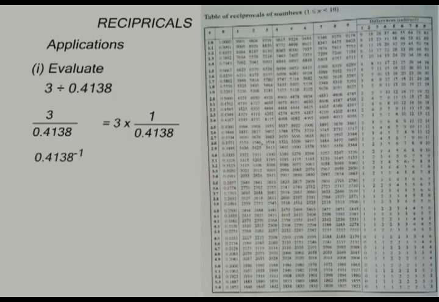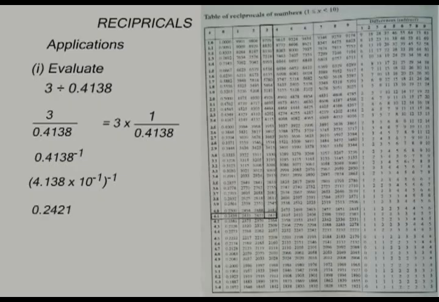The reciprocal of 0.4138 in standard form, that is 4.138 times 10 raised to power of negative 1. 4.1 is here. The column of 3 will meet us here, and the number is 0.2421. The differences column of 8 meets us here, and the number is 5.